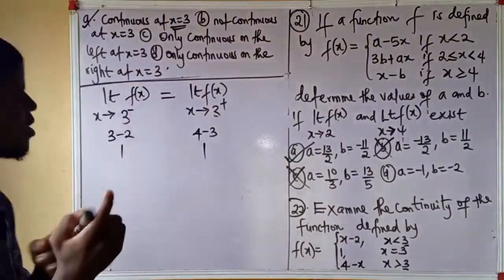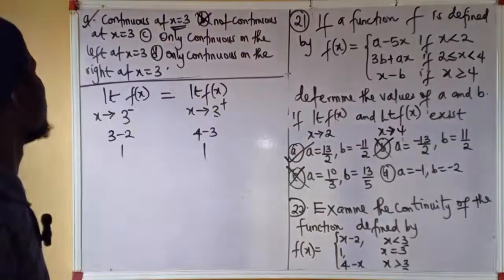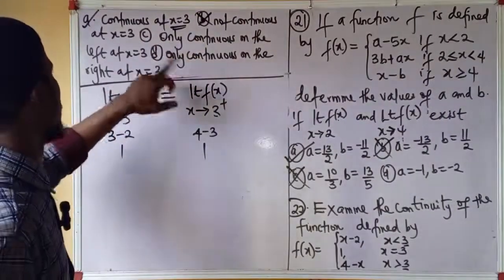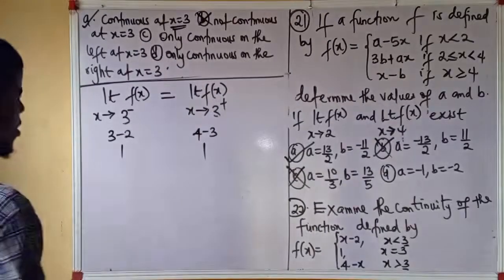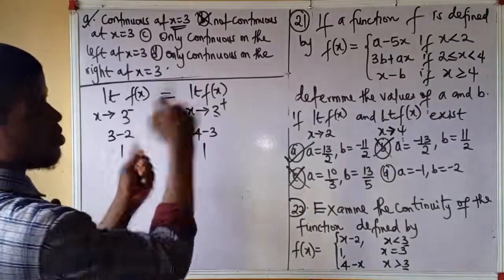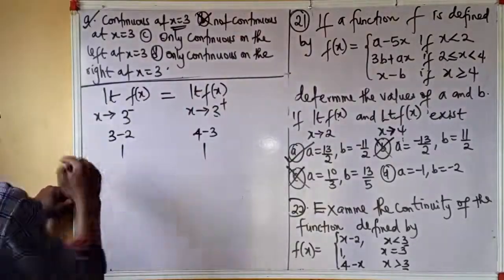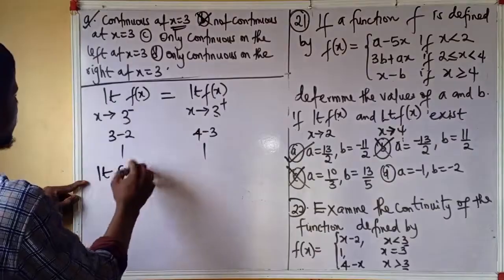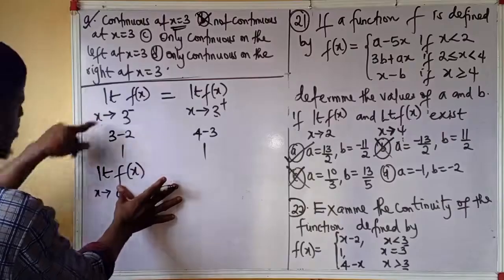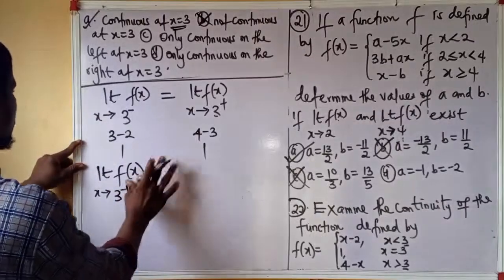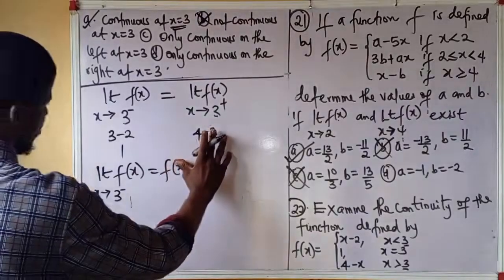That option is correct. Now, option B is wrong anyways. Option C says only continuous on the left at x equal to 3. Let's see. I told you, I think in question 20, I said that a function is left continuous if the limit of f of x as x goes to that particular value, let me use 3 here, from the left, is equal to the function's value at that point, f of 3.